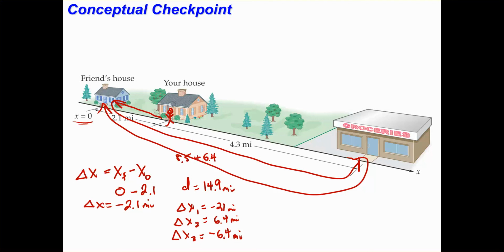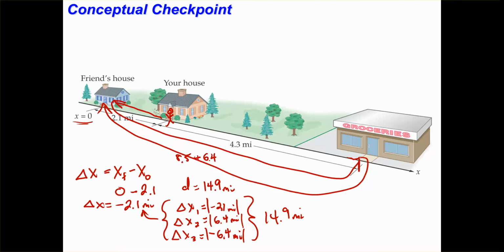Well, if we look at what the distance traveled was, we know that's 14.9 miles. If we look at these displacements, I know to calculate the total displacement, I would just add the three of them together. But how do I get the distance? Well, if I take the absolute value of each of these, and I add each of those displacements together, or their absolute values, I get 14.9 miles.